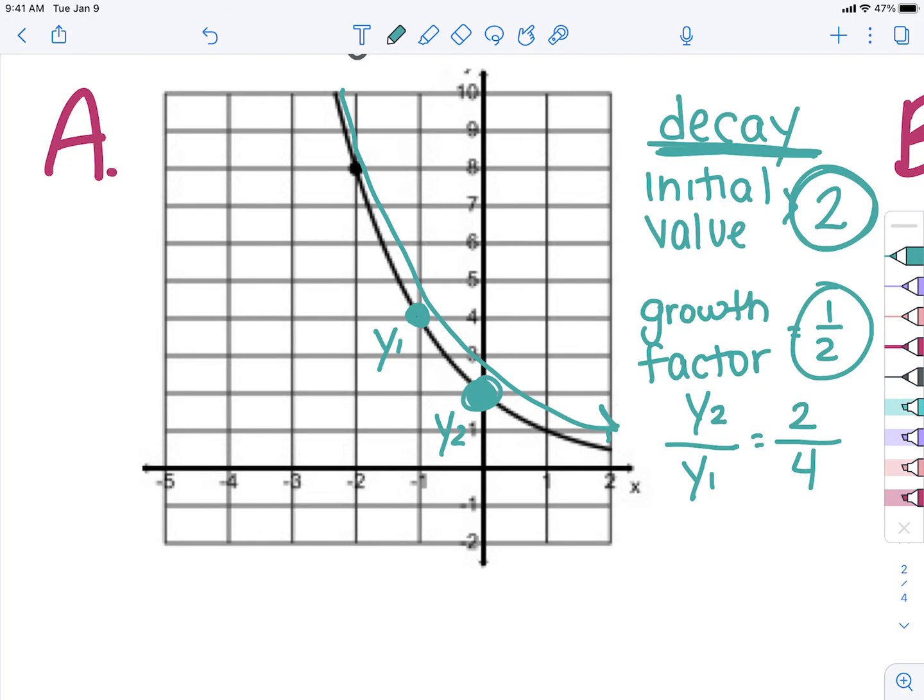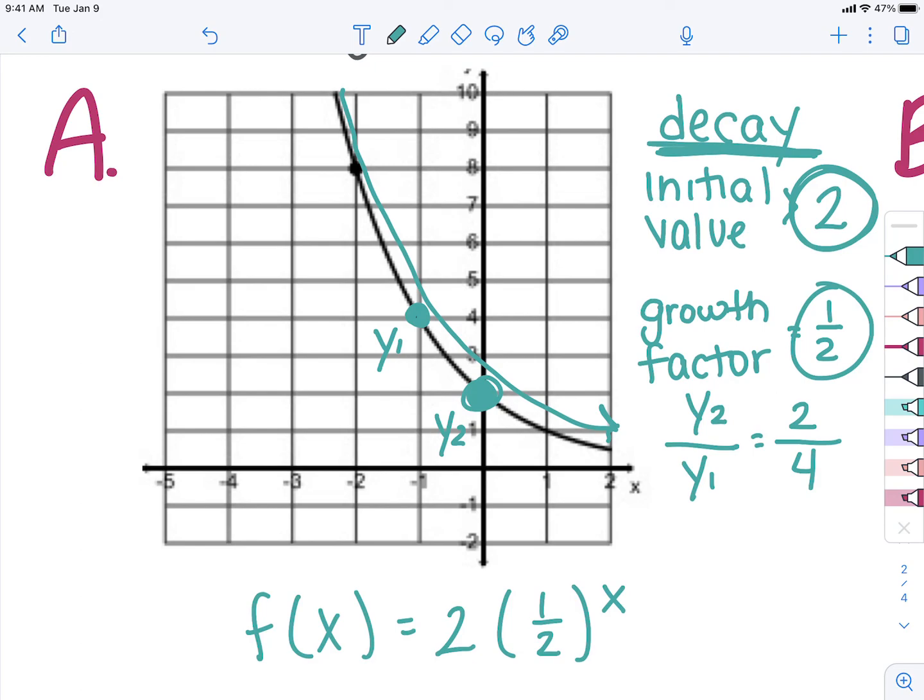So if I'm writing my equation, I would say f of x equals my initial value times my growth rate to the x. So picking out your initial value, finding your growth factor, and then just plugging it in.